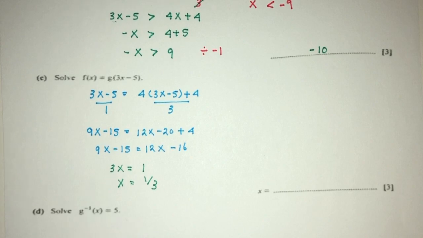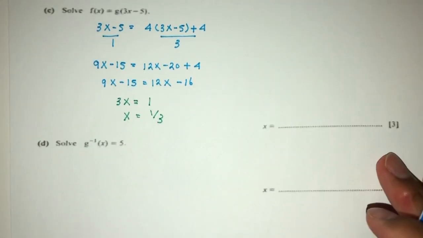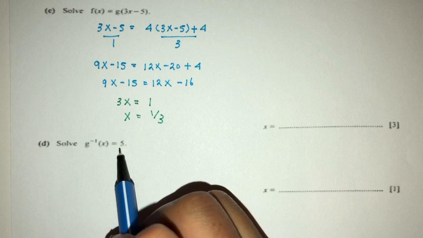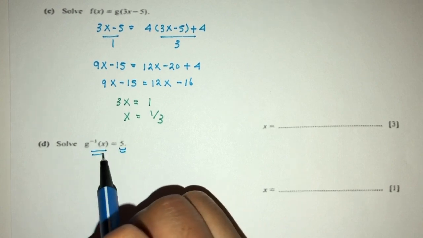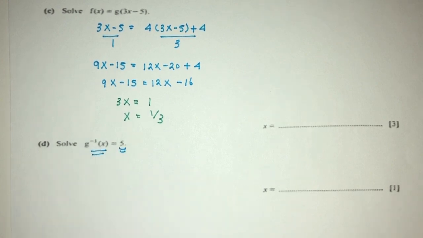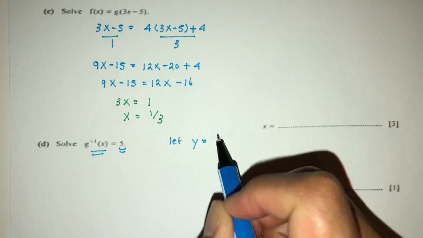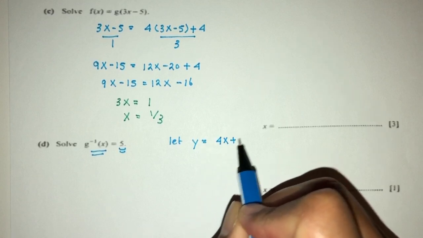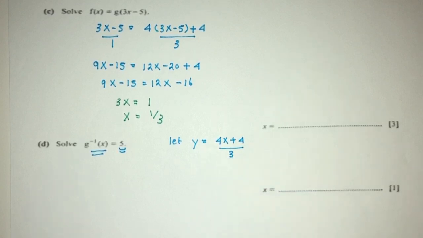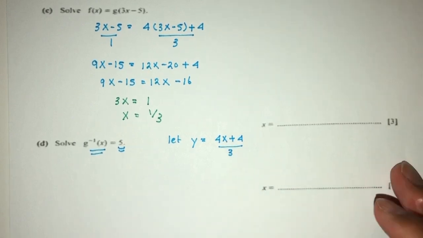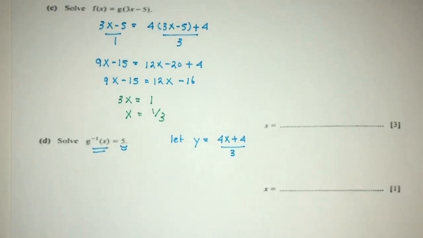Okay, so let's move on to part D of the question. Here we have g of x given by, is equal to this. We have to solve the value for x in this equation. So first things first, we have to find the value of g inverse of x. So we let y equal to g of x, which is 4x plus 4 over 3. Now we'll have to make x the subject to find the function g inverse.